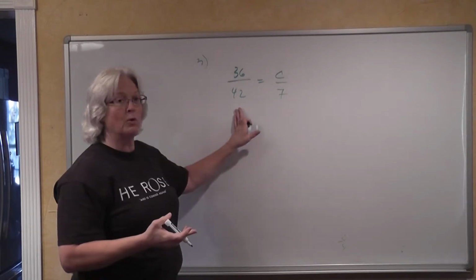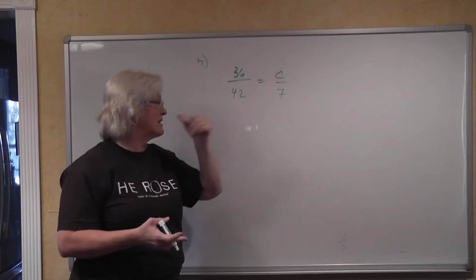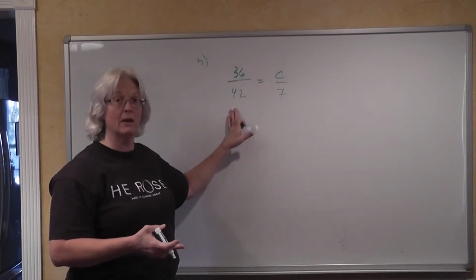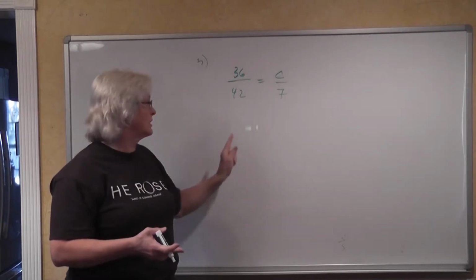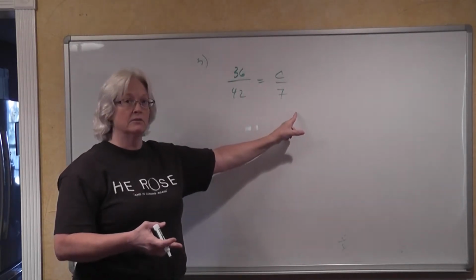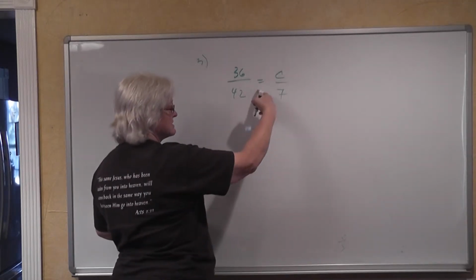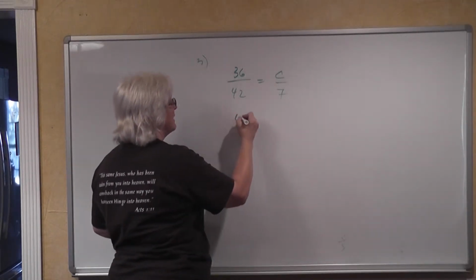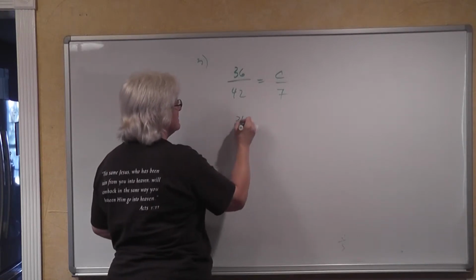So we're going to look at this 42, and we say that 42 has been decreased to 7. Well, how did they do that? Well, you can think 6 times 7 is 42. You can say 42 divided by 7 is 6, which means this has been divided by 6.